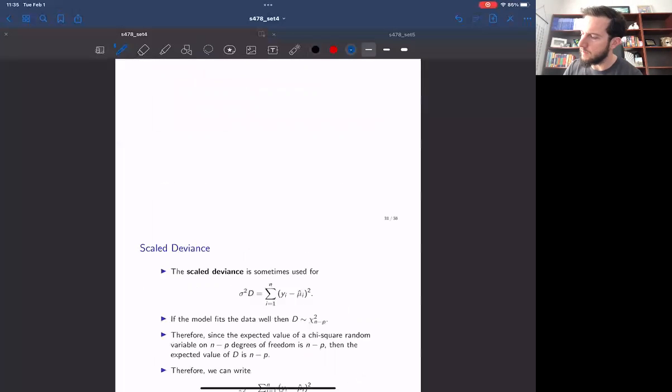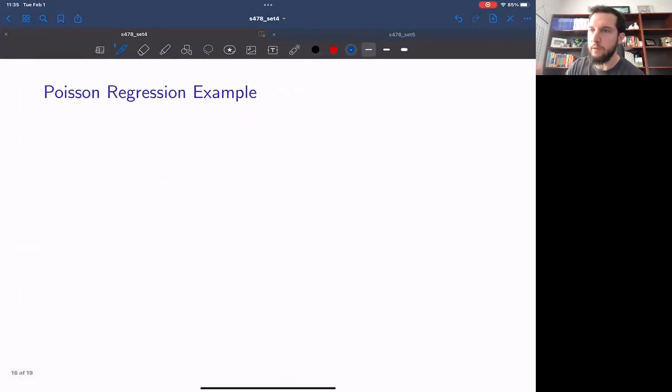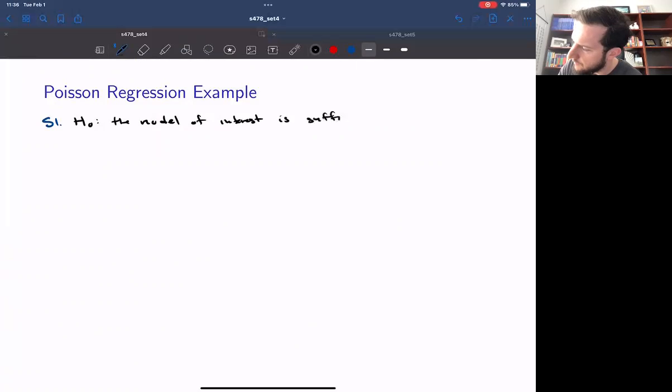The way that this would work is if we think about a formal hypothesis testing procedure, we would have H0, the model of interest is sufficient, versus HA, the maximal model is required.